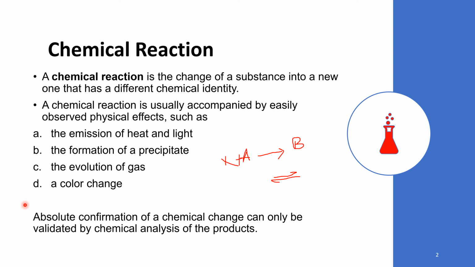Third, there could be the evolution of a gas. That gas could be colorless and odorless, or it could have a distinct odor. Sometimes, for example, when we mix soda and add some salt.